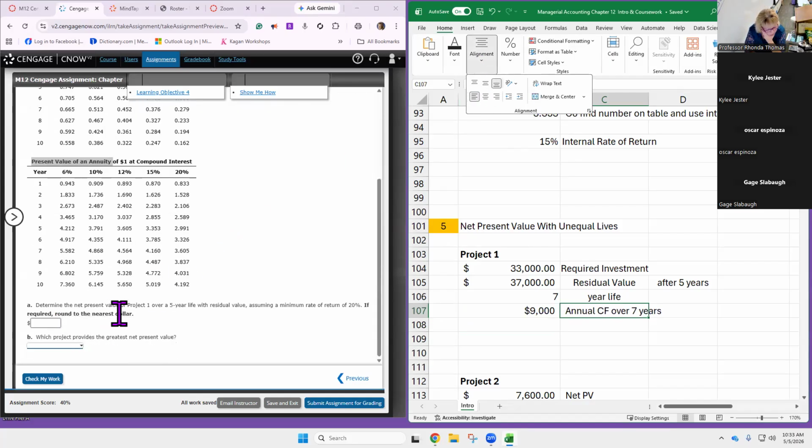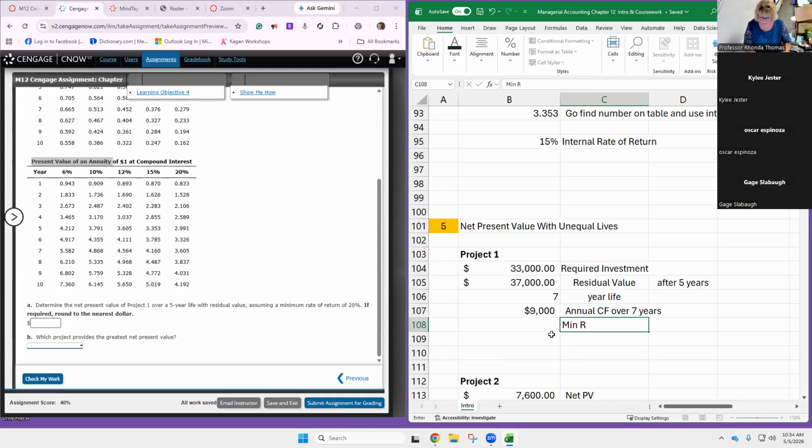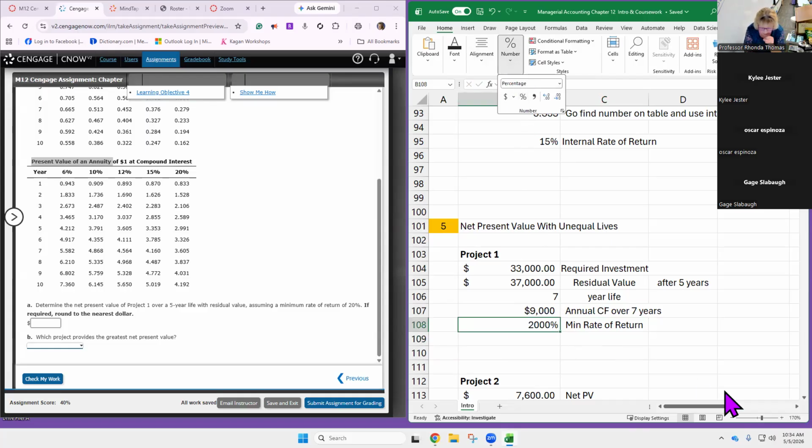Determine the net present value of project 1 over a 5-year life with residual value, assuming a minimum rate of return of 20%. And we're going to use a 5-year life.